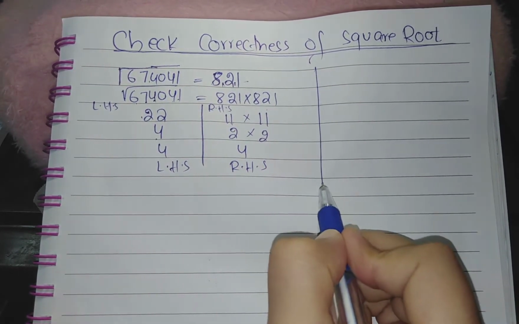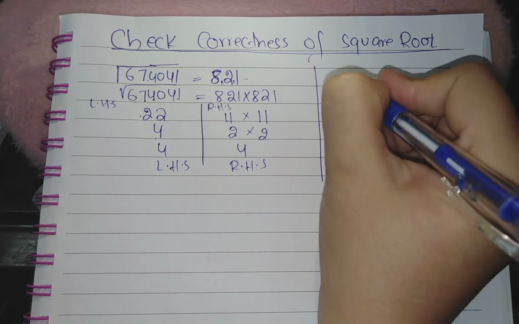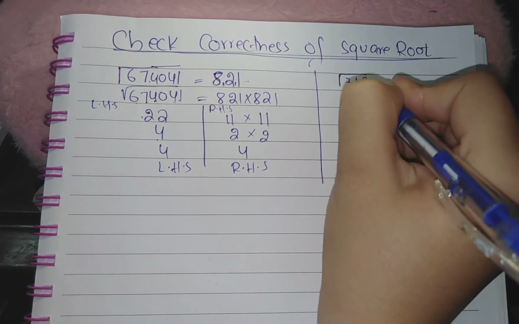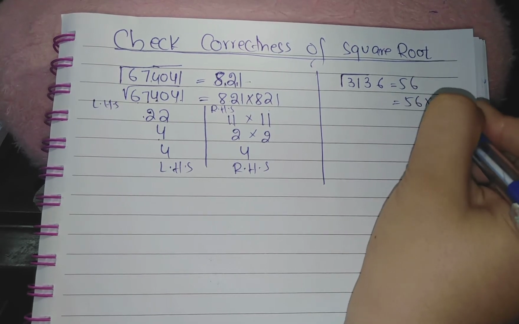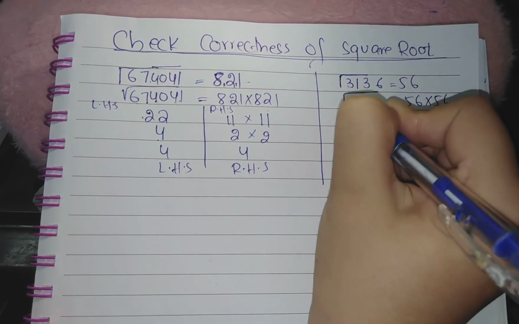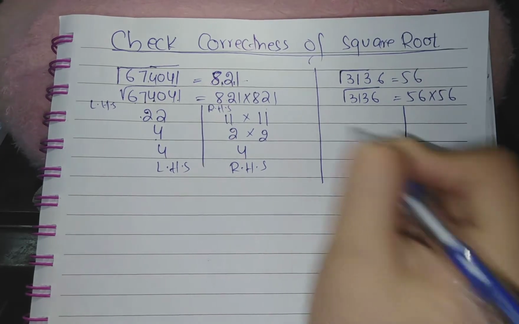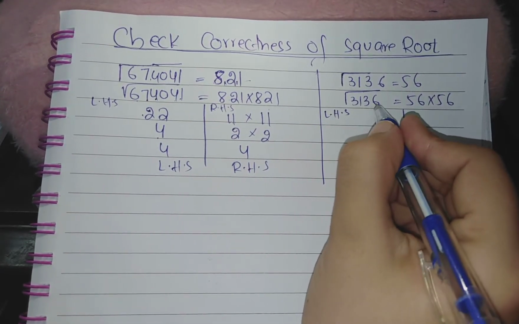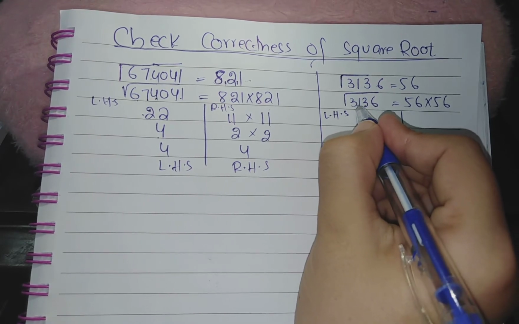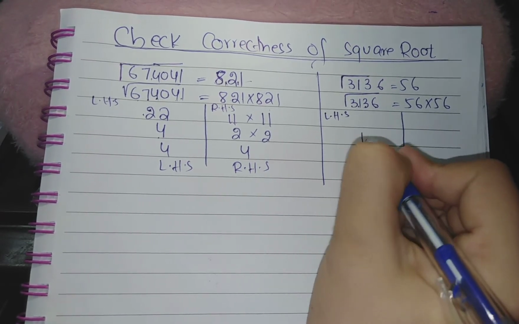Let's take another example. Under root 3136 equal to 56. As we know, this will be 56 into 56. So by considering the left hand side, we will find the one digit. 6 plus 3 is 9, 9 plus 1 is 10, 10 plus 3 is 13.